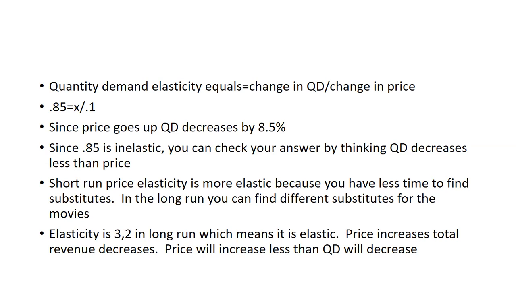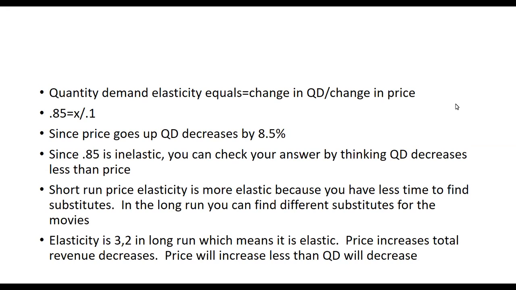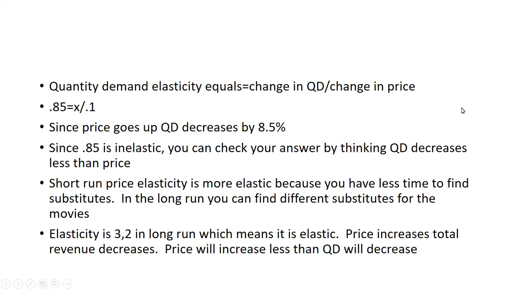So if price goes up 10%, quantity demanded is going to go down more than 10%, and that's why total revenue will decrease. So you had to say price increases, total revenue decreases, and then explain that the price will increase less than the quantity demanded will decrease.